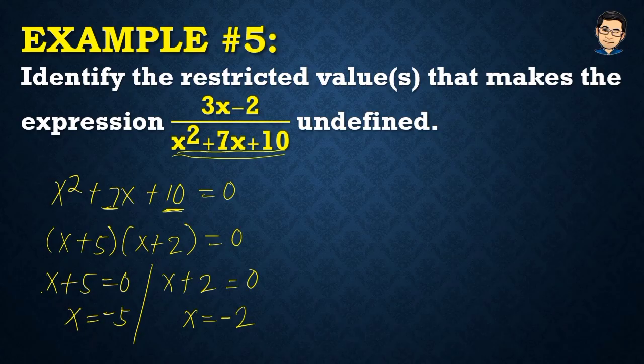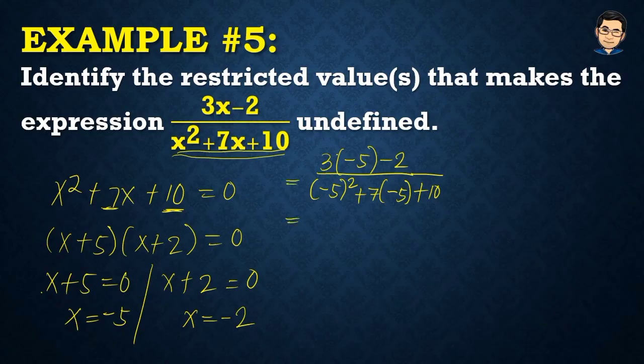so 3x minus 2. So, 3 times negative 5 minus 2 all over negative 5 squared plus 7 times negative 5 plus 10.